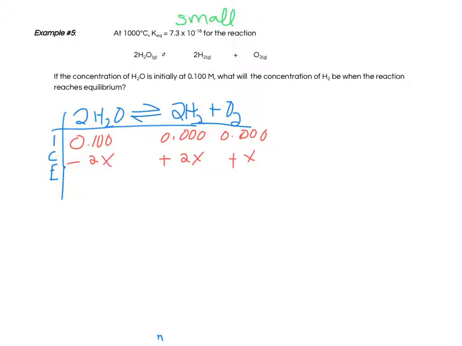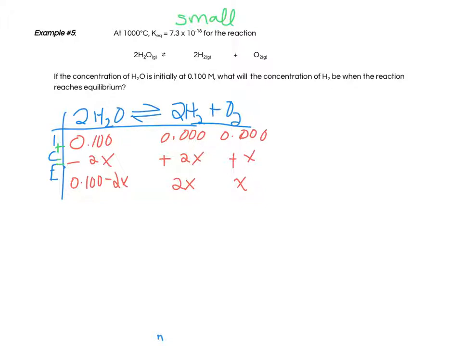So now I'm ready to write out some expressions to represent my equilibrium concentrations, remembering that my initial plus my change will equal my equilibrium concentration. So 0.100 minus 2x is an expression for the equilibrium concentration of H2O. 0 plus 2x will give me 2x for the concentration of H2, and 0 plus x will give me an expression of x for my equilibrium concentration of O2.